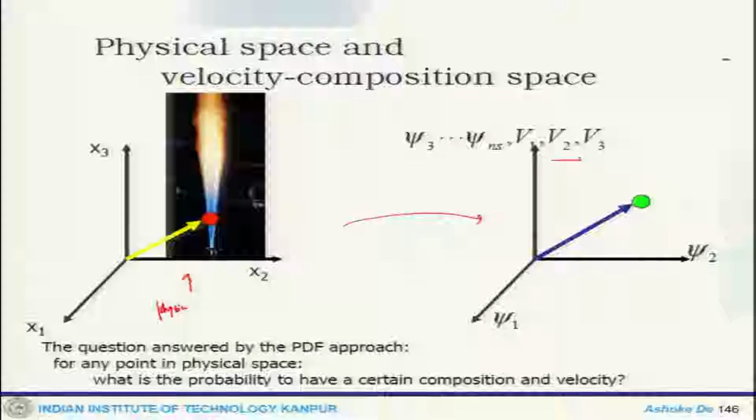They will form this sample space where we try to find the probability to have a certain composition and velocity information. So, this is again a one point statistical analysis where, from the probabilistic distribution, we try to see the information available.